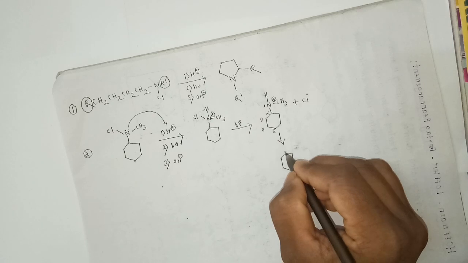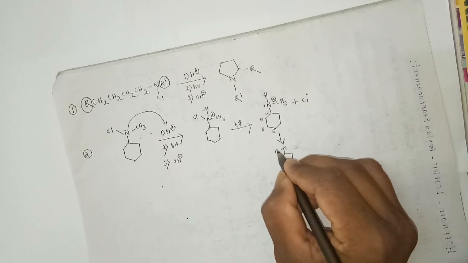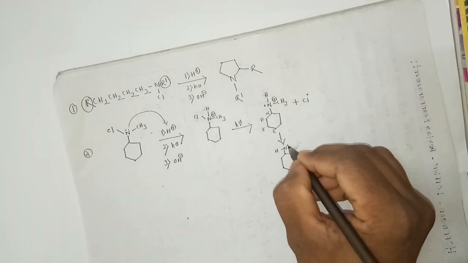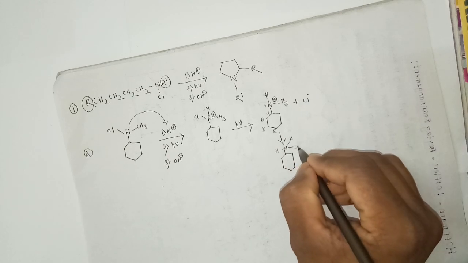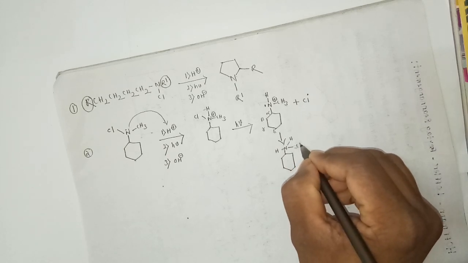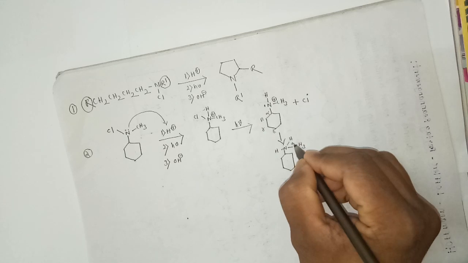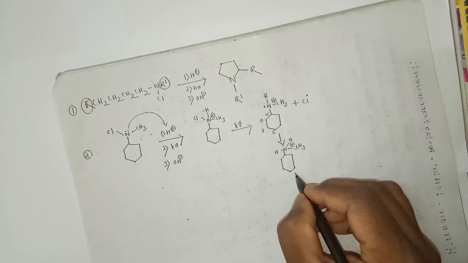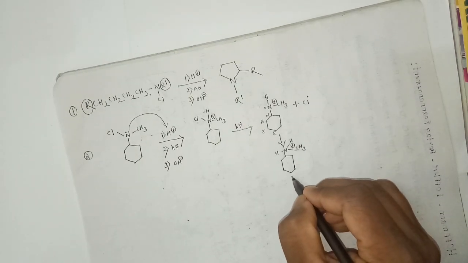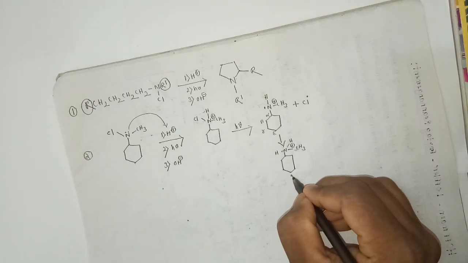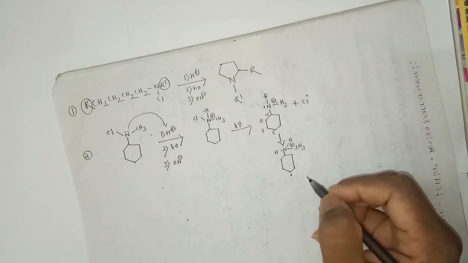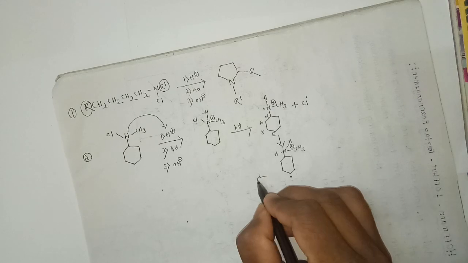This is nitrogen, this is hydrogen, this is also hydrogen, this is methyl group. Nitrogen has a positive charge and this is the radical. Okay friends, in our solution we have a chlorine radical.